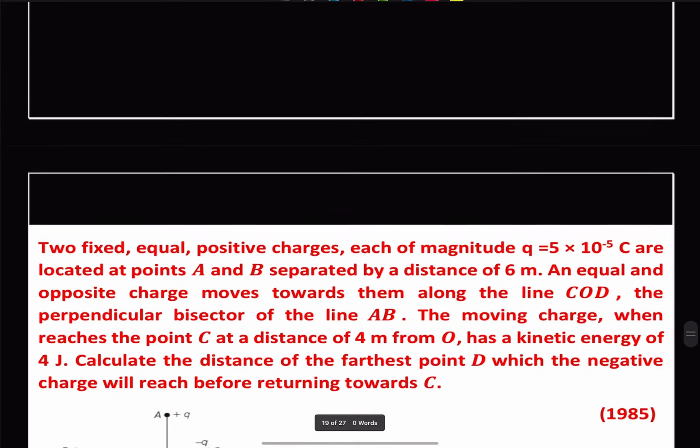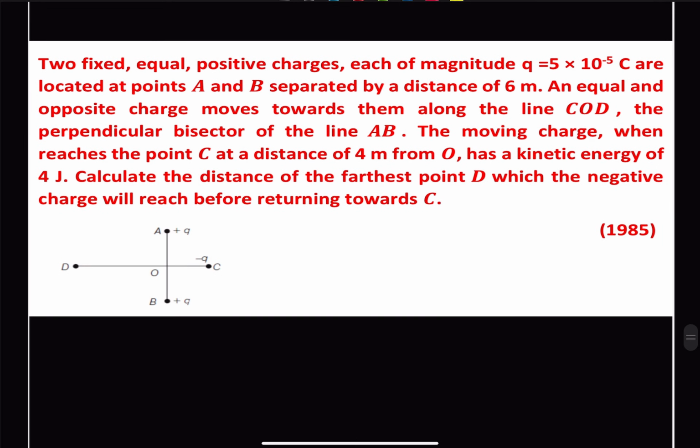Next question. It was also asked in the year 1995, and it states that two fixed equal positive charges, each of magnitude Q, 5 into 10 to the power minus 5 coulomb, are located at A and B, separated by a distance of 6 meters.